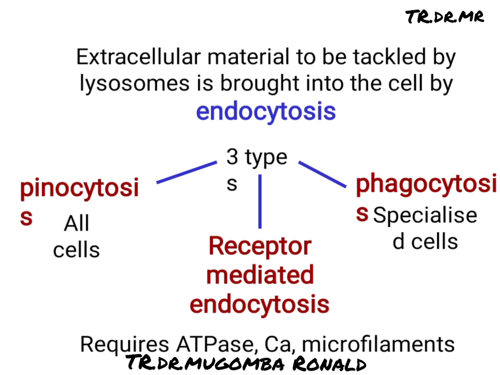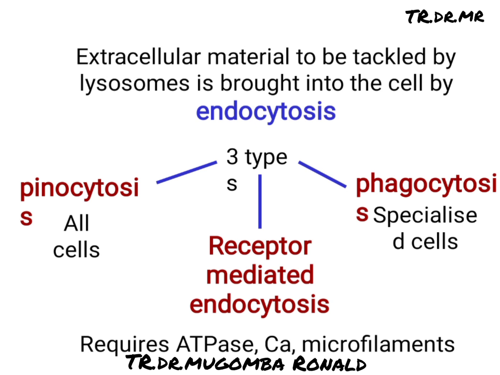Then we have what we call receptor-mediated endocytosis, like the one that is found in the skeletal muscle fibers. Then we have phagocytosis, that is characteristic of the white blood cells, which usually take up microorganisms like bacteria. When they are eating up the bacteria, they do what we call phagocytosis, solid feeding.